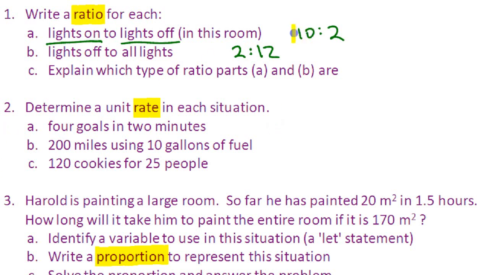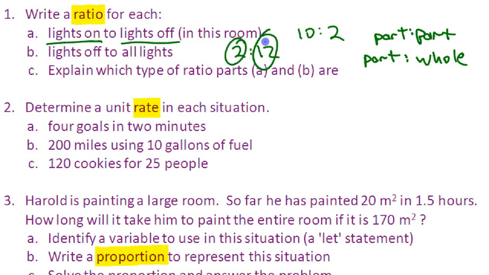This first ratio, because it says in part C, explain what type that is. That is a part to part, because you're talking about part of the lights and then the other part of the lights, not all of them together, right? Whereas this one is a part to whole ratio, because you're saying it's 2 out of all 12, right? This 2 is part of this 12.